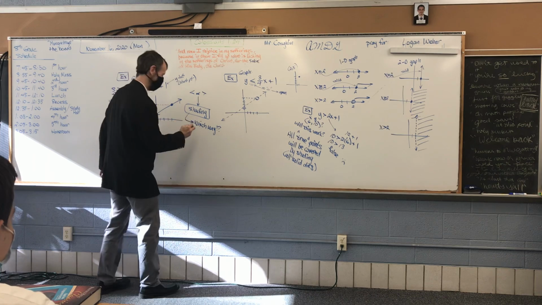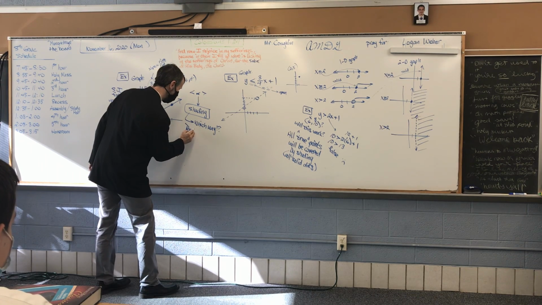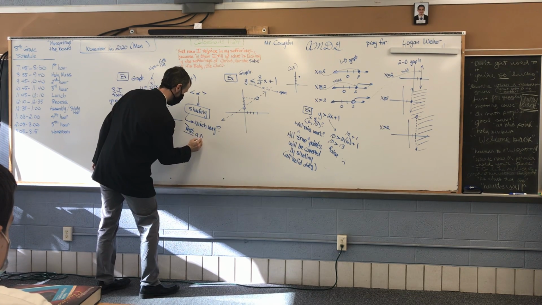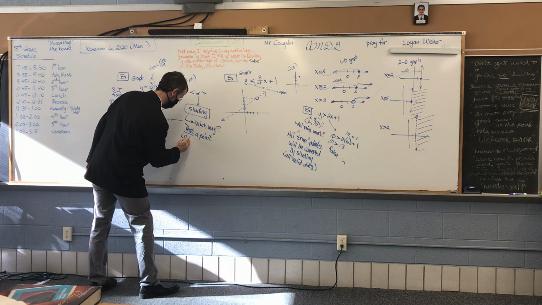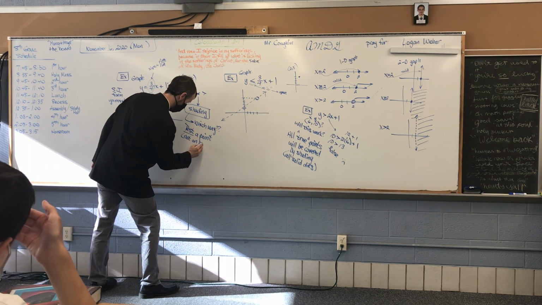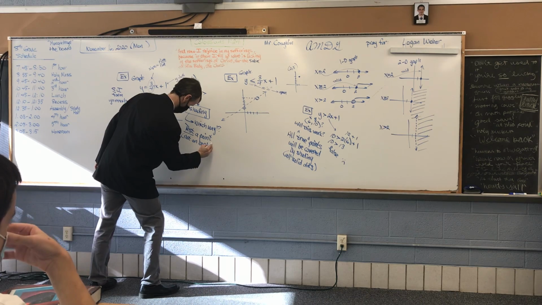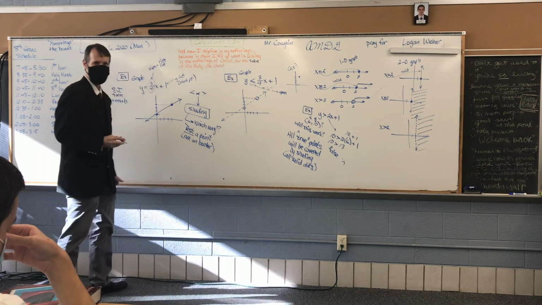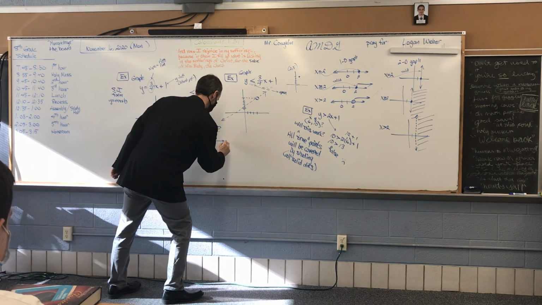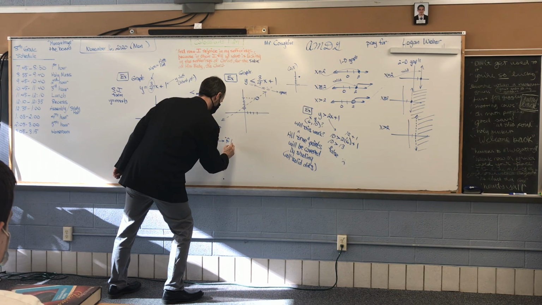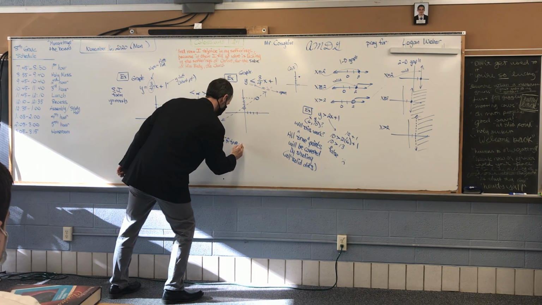Here's how. Write this down, please. You test a point. Test a point that's not on the line, not on the border. And here's where the fun part comes in. You test a point. If it comes up true, you shade toward it.